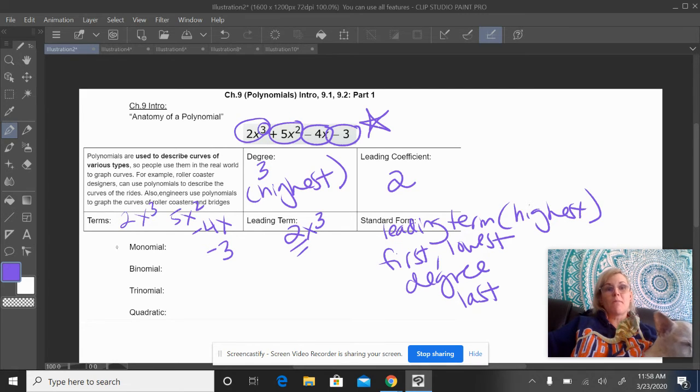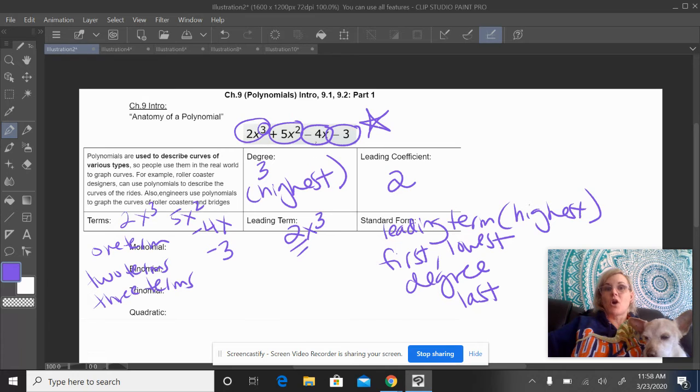A monomial just means one term. A binomial has 2 terms. A trinomial has 3 terms. So a trinomial would be like 5x squared minus 4x minus 3.